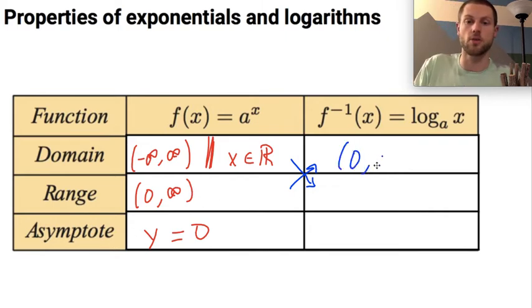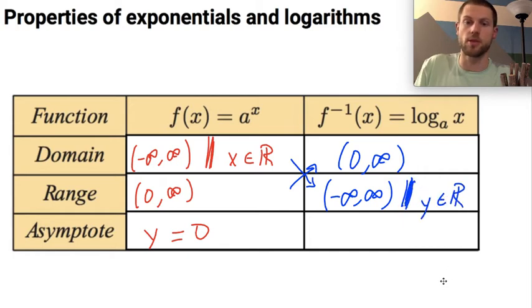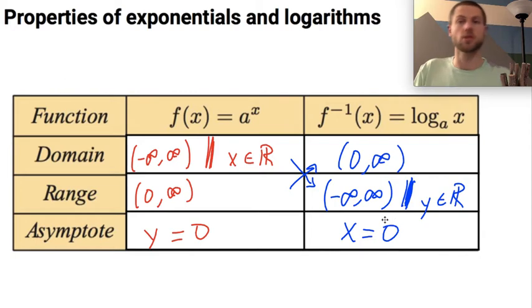So this is 0 to infinity, and then this is negative infinity to infinity for the range, or in this case we could say y is an element of the real number set. And now my asymptote is no longer y equals 0, but it is the vertical asymptote x equals 0. So just keep that in mind. These are all when I have these very basic graphs, but if we shift things over or stretch and compress things, that'll affect these numbers too.